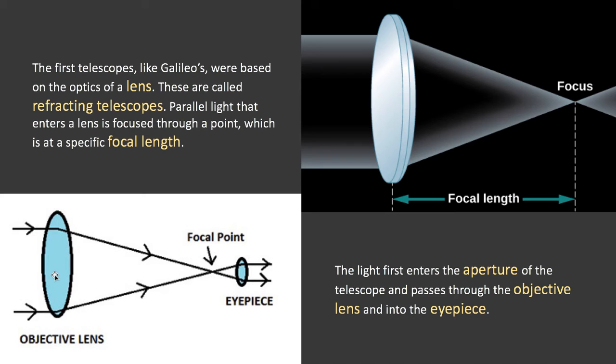And your pupil will increase in size or contract based on the light environment. If you go into a low light environment, your pupil dilates to let in more light. Your aperture increases. Now, telescopes have a fixed aperture. The bigger, the better.